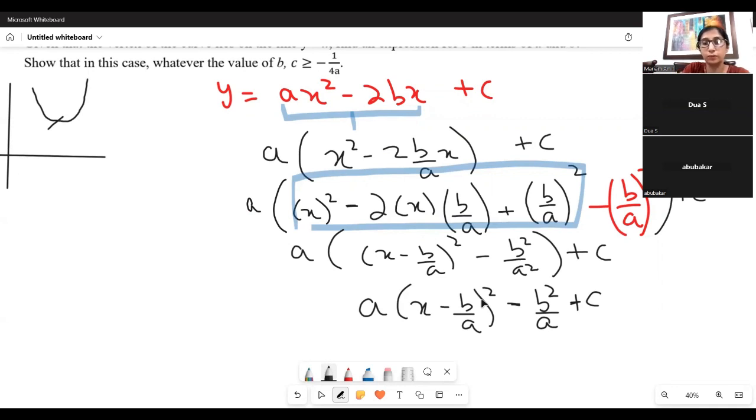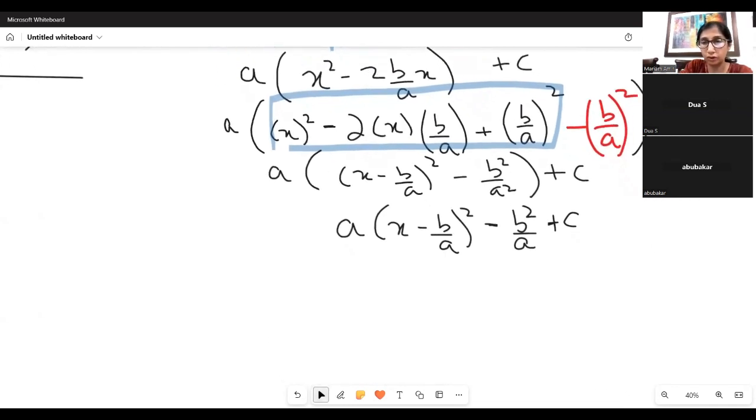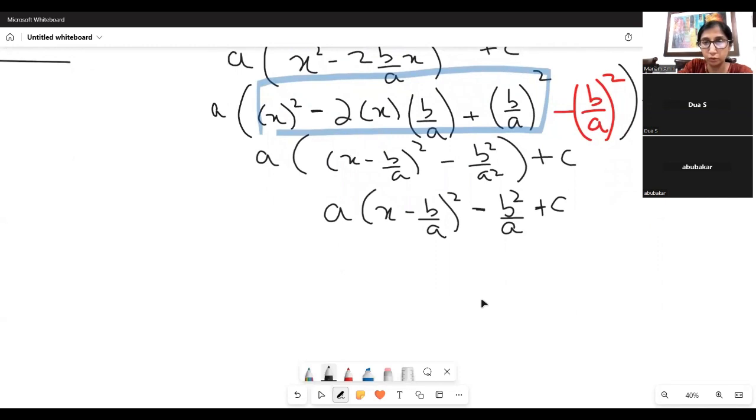Now what is going to be the vertex or the coordinates of the turning point? Who can tell me in terms of A, B and C? What are the coordinates of the turning point? B over A. Yes. X is B over A and Y is minus B square over A plus C. Yes.